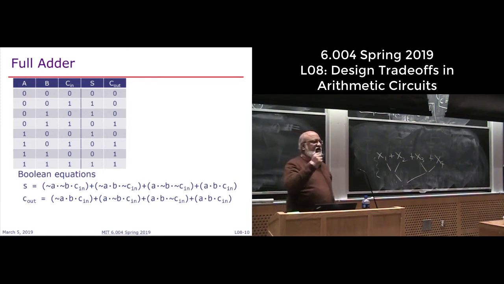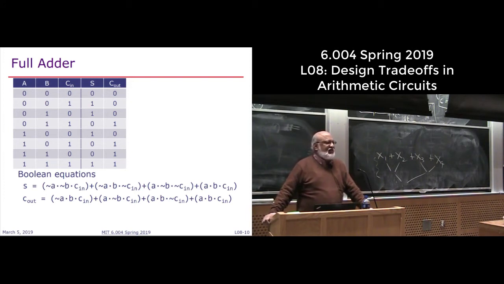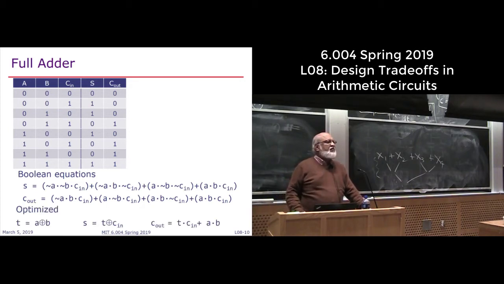You should be ready for this. Now a quiz is coming up. You can write down the Boolean expression for this in a very straightforward way. It's 1 in 4 places, so you have 4 product terms over there. And now I can optimize it a little bit and get something like this.